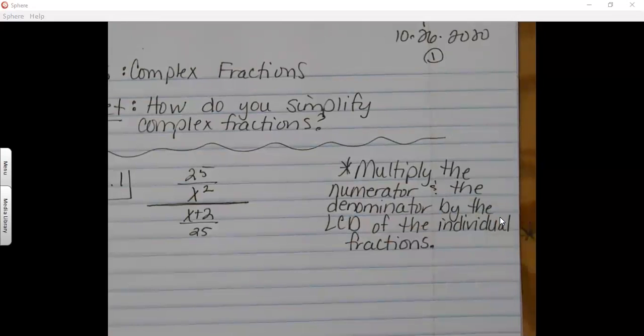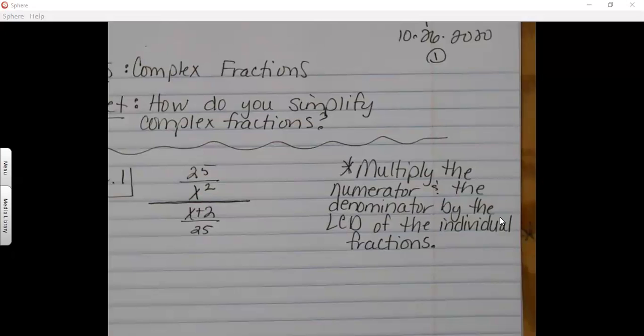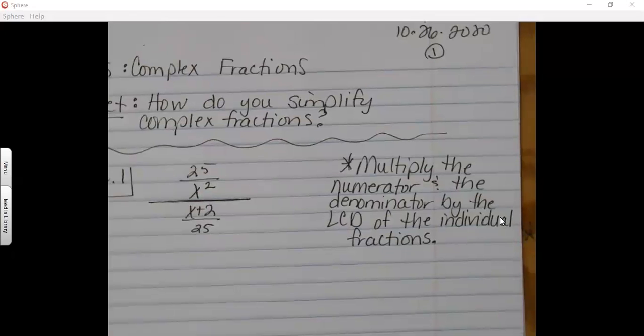So in the top, I have one fraction, the denominator is x squared. And in the denominator of the big fraction, I have one denominator, which is 25. So what do you think the least common denominator is? Any guesses? In the top fraction, the denominator is x squared.